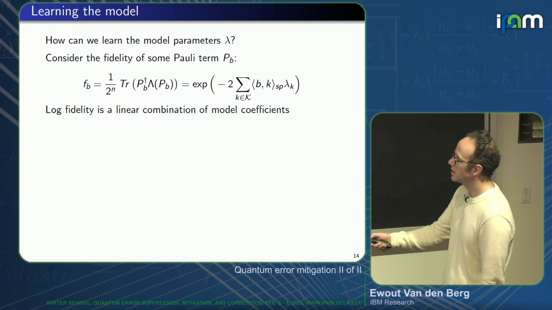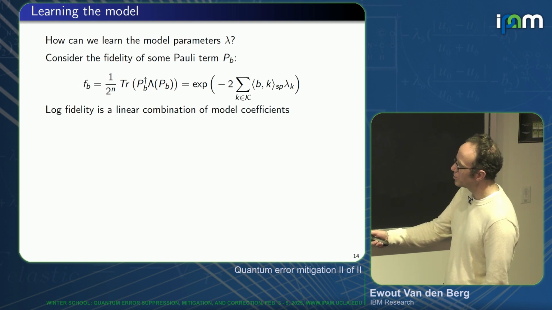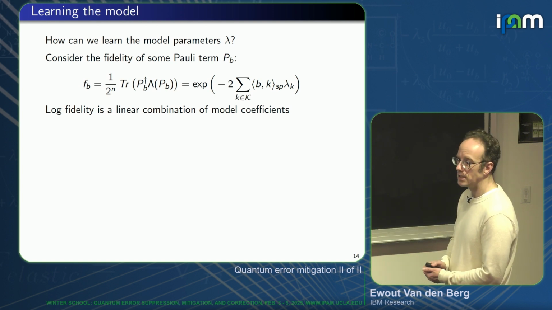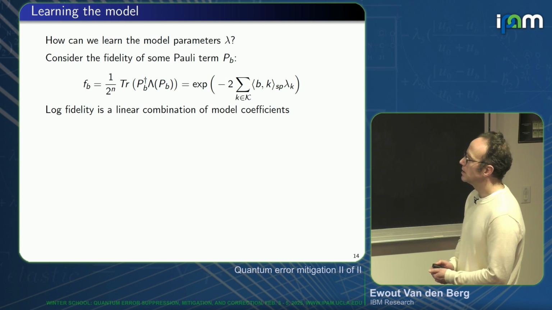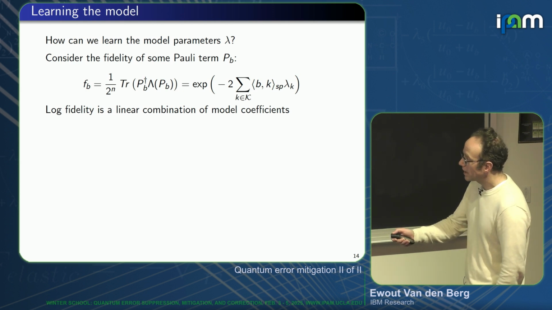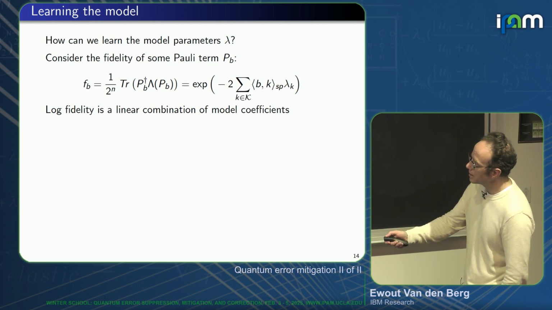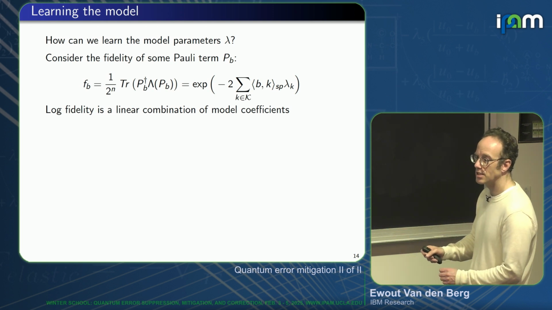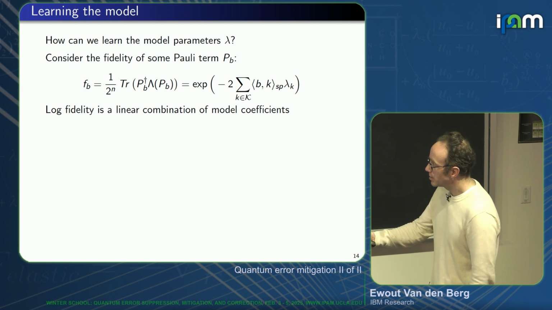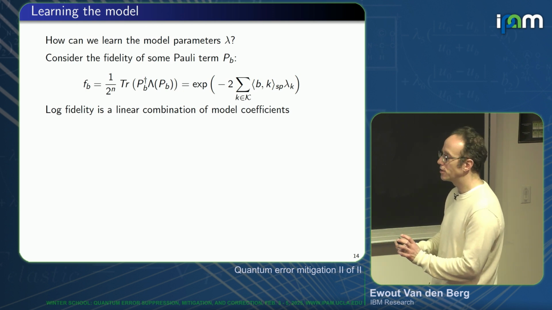And it turns out that this is given by the exponential of minus 2 times the sum over all of the elements in K times the symplectic inner product between our target Pauli B and our element K. So this is just, the symplectic product will be 0 if the Paulis commute.